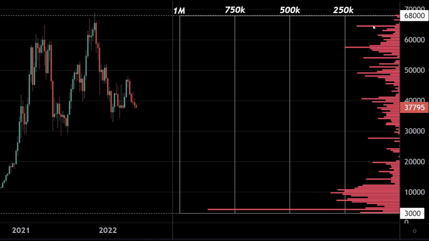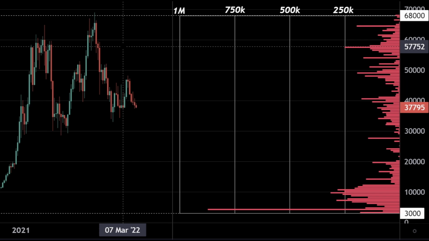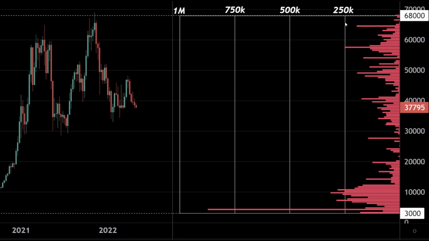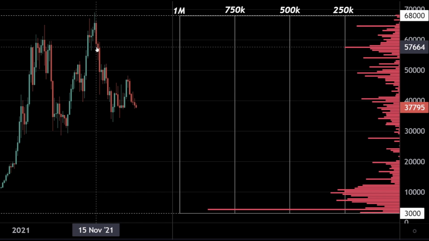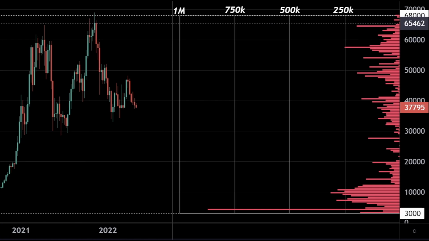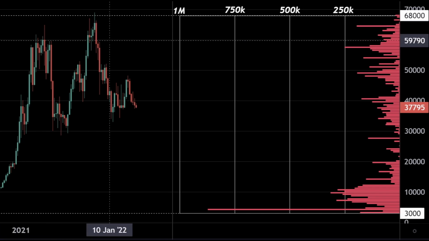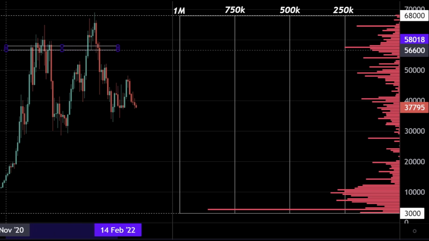That bar shows you, for instance, at $57,500, we can see that there are approximately 250,000 Bitcoin sitting right at that level. So that means individuals bought and have not moved approximately 250,000 Bitcoin right at this price level here. Okay. So we're talking right in here.